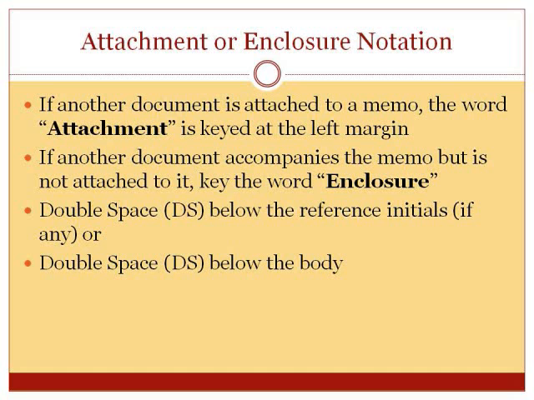Another optional part to a memo is attachment or enclosure notation. Let's start with attachment. If another document is physically attached to a memo, the word attachment is keyed at the left margin. If another document just accompanies the memo and it is not attached, the word enclosure appears in the left margin.